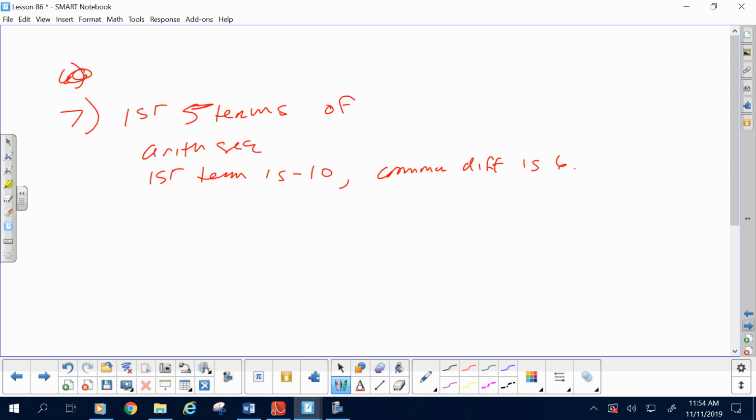Right, the first 5 terms of an arithmetic sequence whose first term is negative 10 and common difference is 6. This is the very easiest kind. If you can't do this, you really need to come in tomorrow because it doesn't get any easier than this.